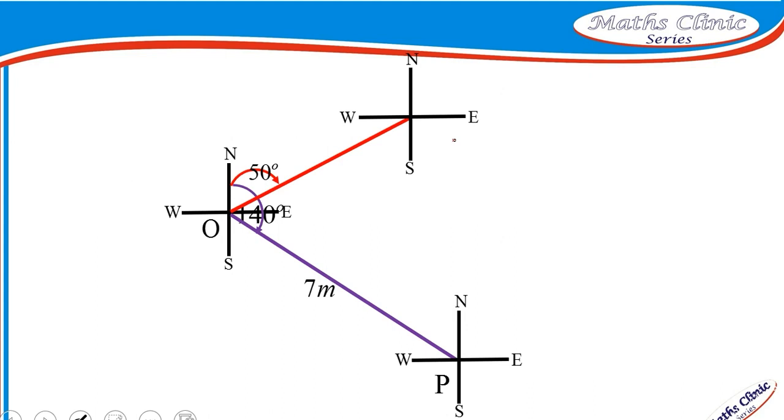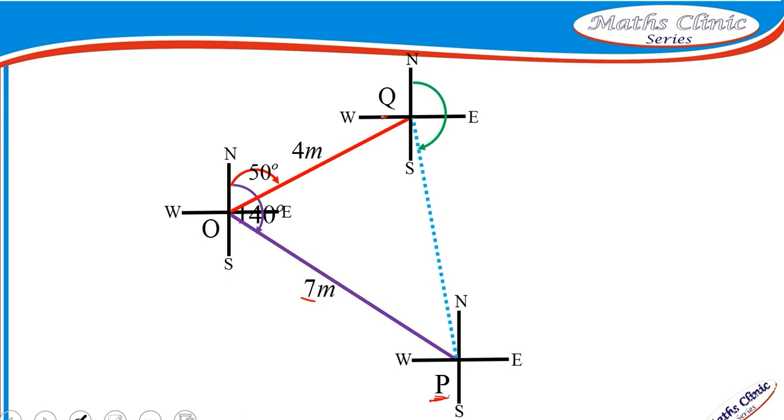Then the line OQ has been defined as 4, and OP was defined as 7. Now we want to find the bearing of P taken from Q. That means we can join the two points together to have the line PQ. Our bearing will be taken from the north pole of Q right up to the line that joins the two points.